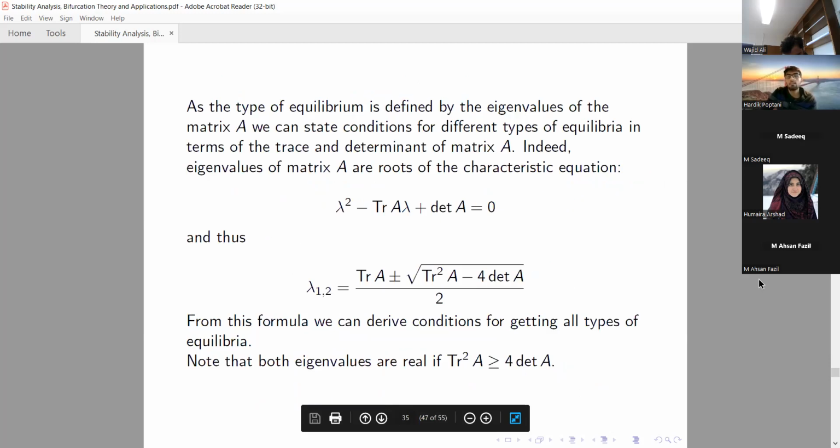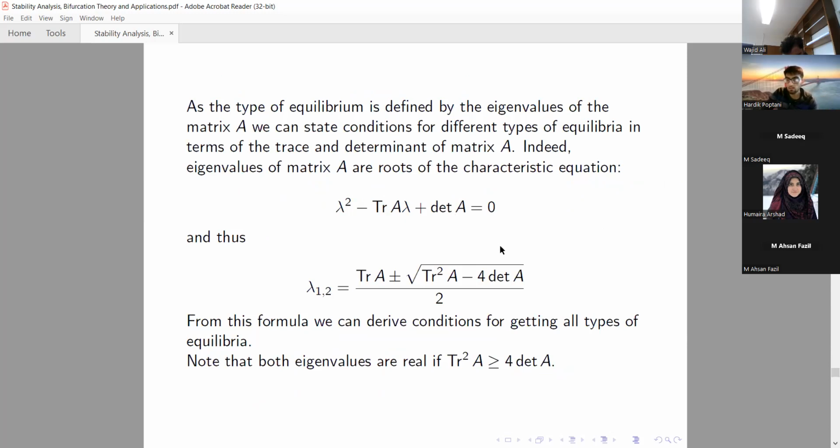So now, as the type of equilibrium is of course defined by the eigenvalues of matrix A, which we have described much earlier, we can of course state the conditions of equilibria just in terms of matrix A only. Indeed, eigenvalues are roots of the characteristic equation, lambda squared minus trace times lambda plus the determinant equals 0.